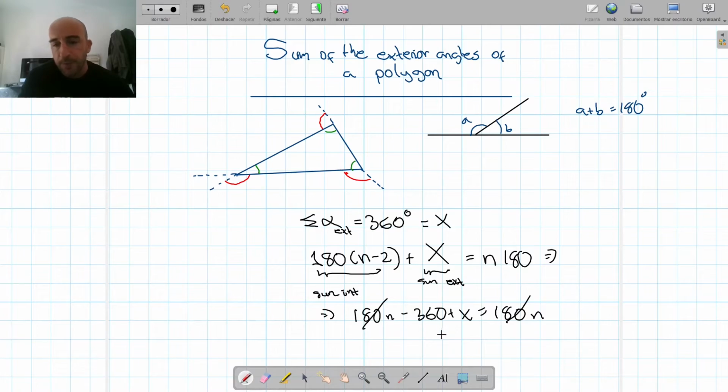We can subtract them. 360 goes to the other side, so the sum of the exterior angles is 360. That is a mathematical demonstration of this, okay? So it doesn't matter if it's a triangle, if it's a quadrilateral, if it's a pentagon, octagon, whatever. All of the exterior angles add up to 360.